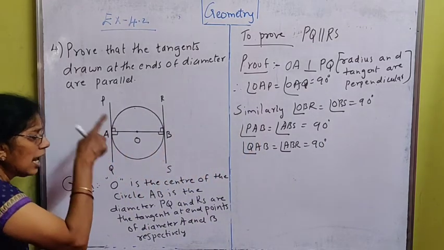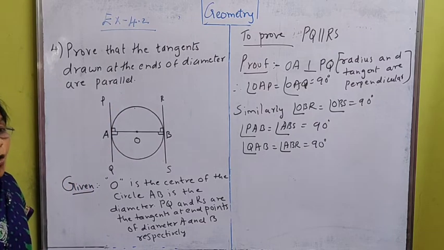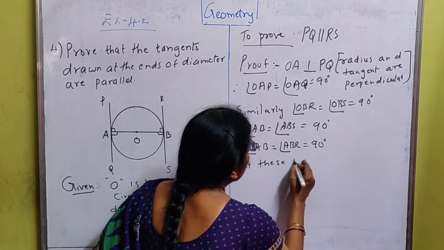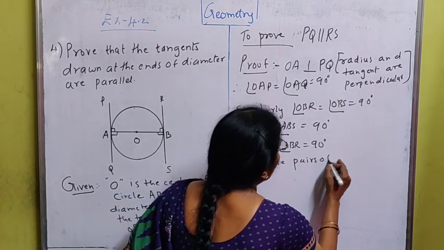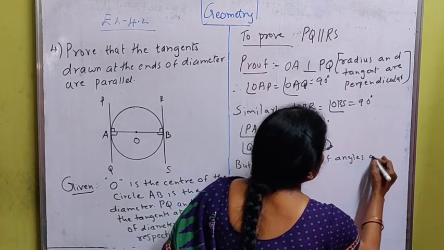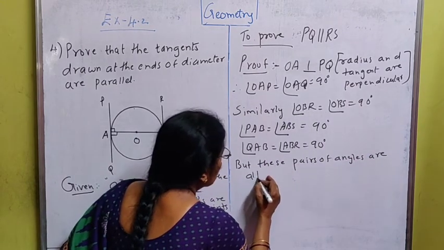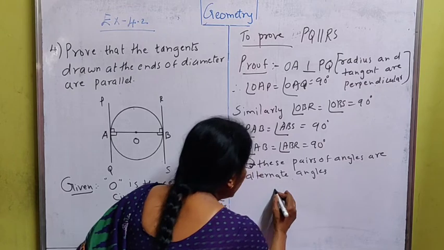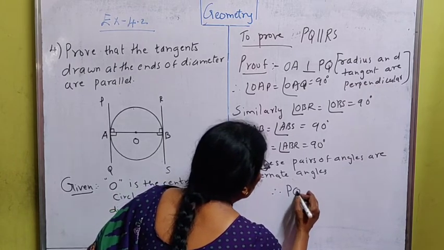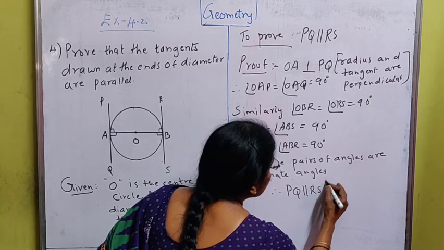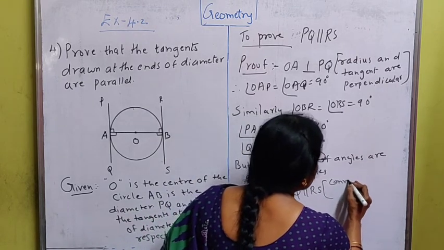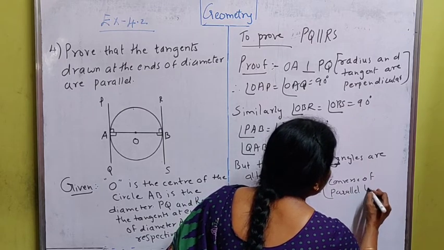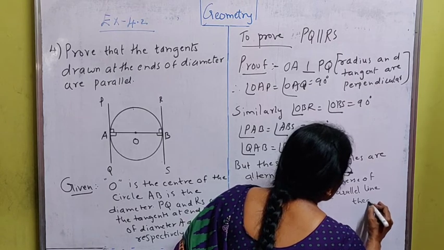These pairs of angles are alternate angles. Therefore, PQ is parallel to RS, by the converse of the parallel line theorem.